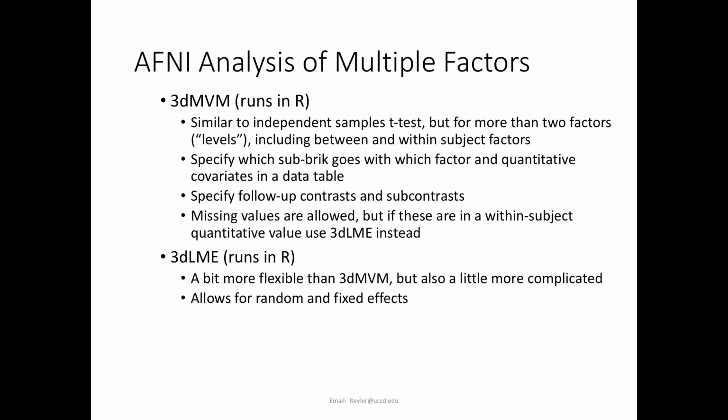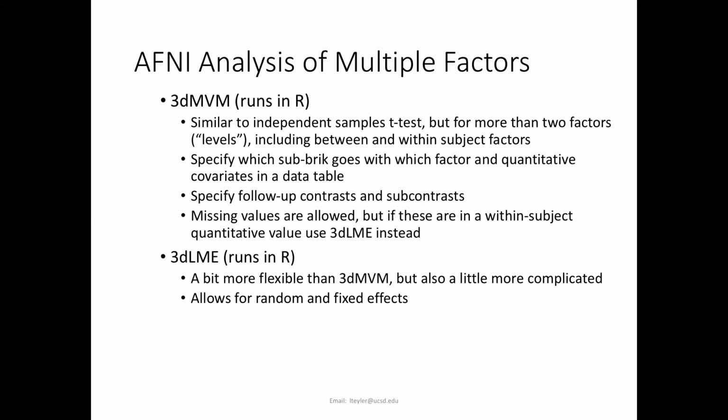So this is nice because you can have missing values. Although the recommendation is that if the missing values are in a within-subject quantitative value, so something that changes, that's paired within subject, but is quantitative as opposed to a dummy coding or discrete variable, then you should use the next program that I'm going to talk about, which is 3dLME.